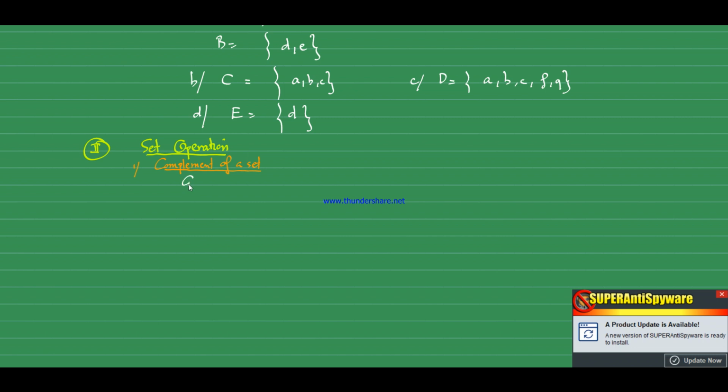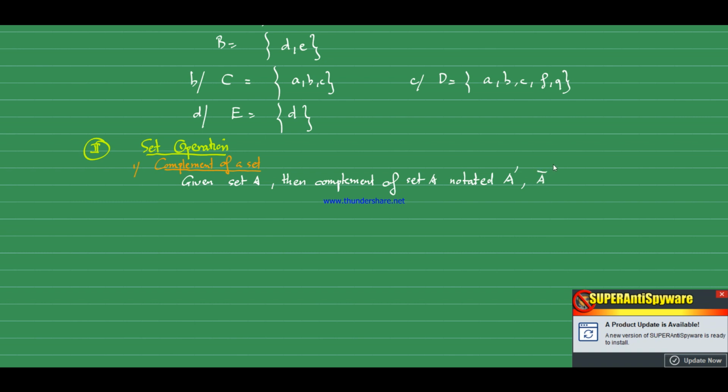So given set A, the complement of set A is notated as A prime. In some textbooks, they write it like this: A with a bar.